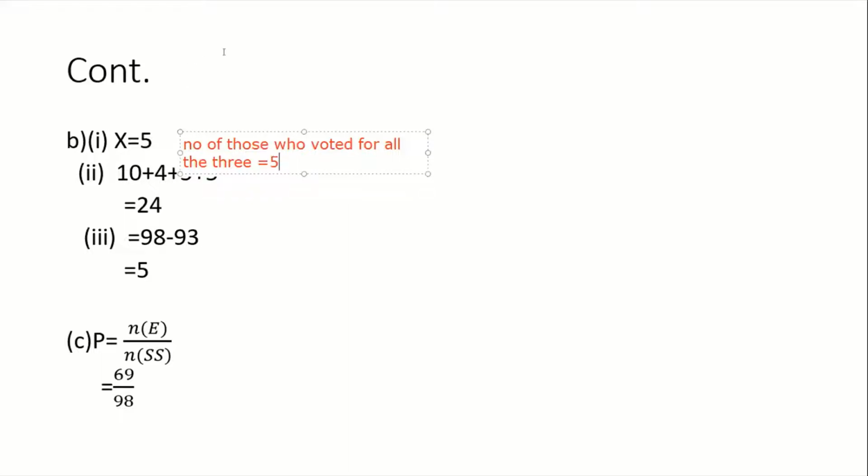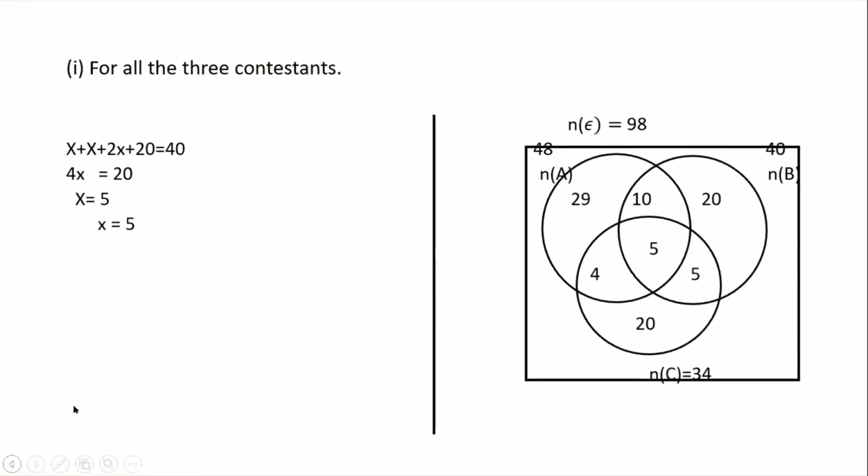You have to conclude your answer so they can get to know that. But if you let it in at the beginning that let the number of those who voted for all the 3 be equal to X, then you can leave it at X is equal to 5.